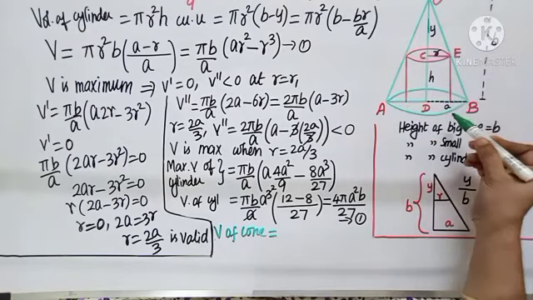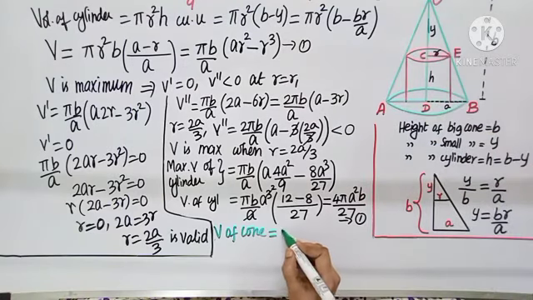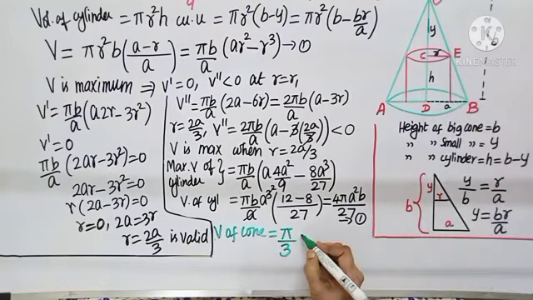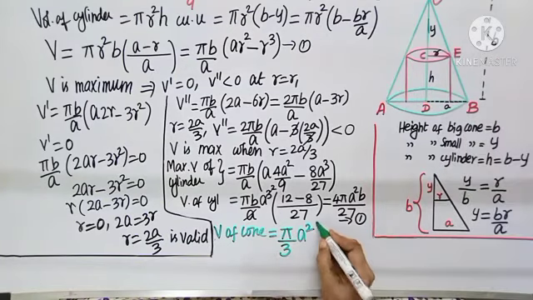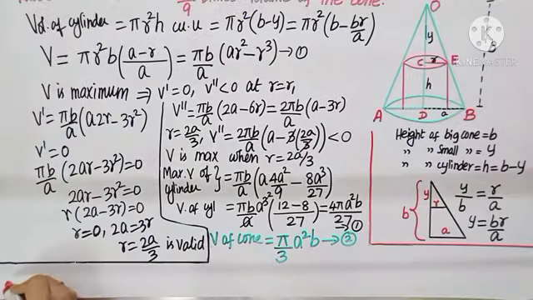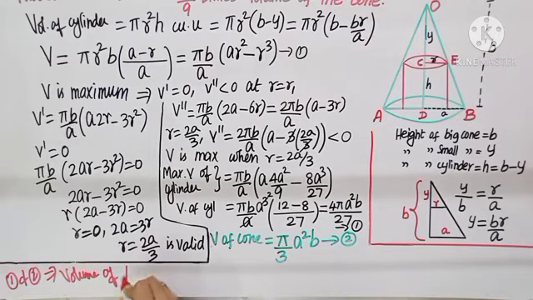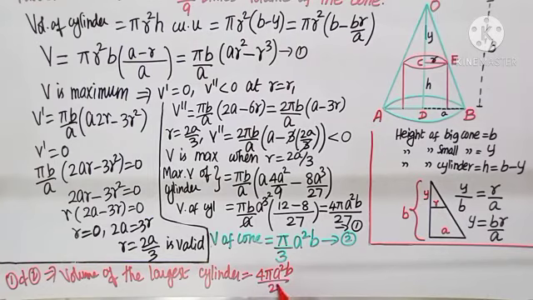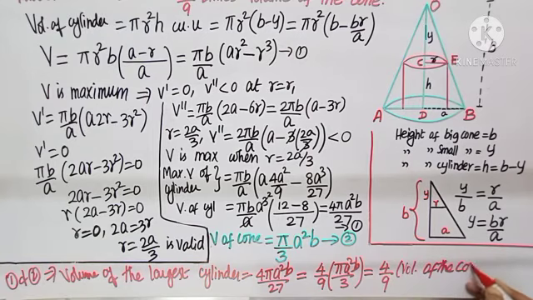Here is the big cone, radius A, height is B. We will say volume of the cone is pi by 3, radius square A square, height that is B. Call this as number 2. 1 and 2 imply volume of the largest cylinder is equal to 4 pi a square b by 27, which can be written as 4 by 9 times pi a square b by 3, that is 4 by 9 times volume of the cone, and that is the question.